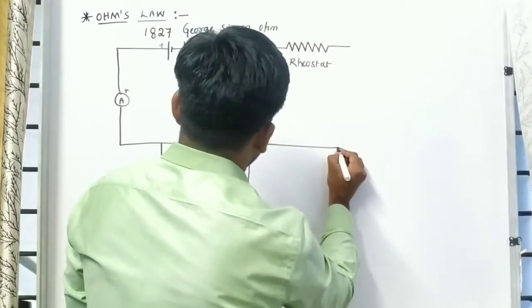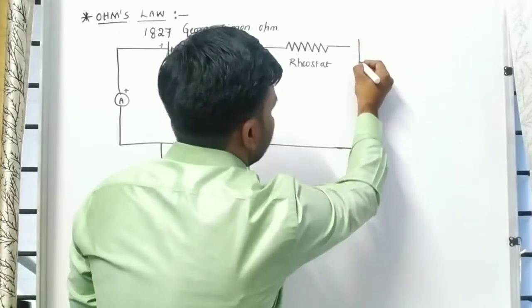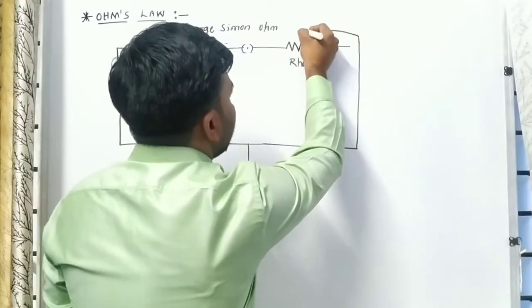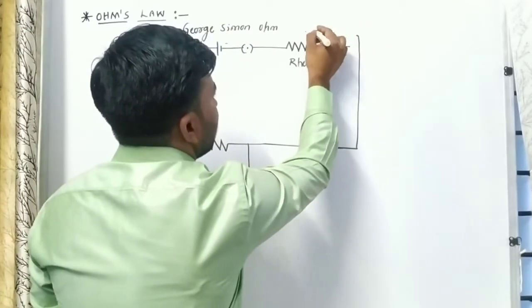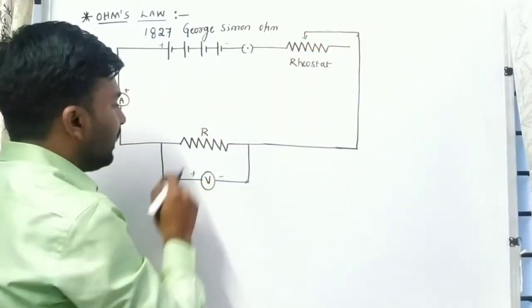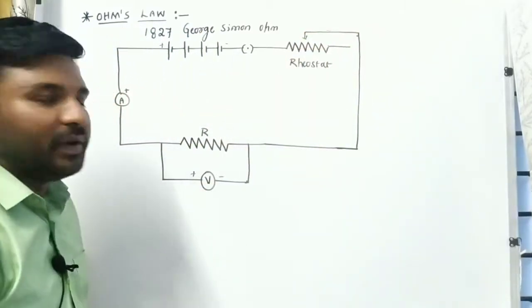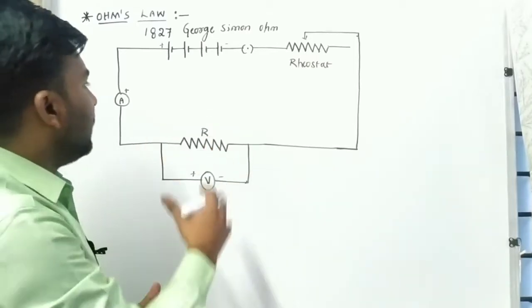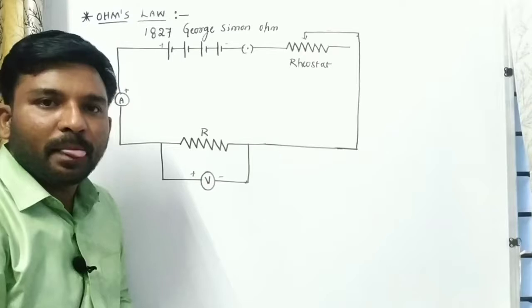And from the rheostat, it is connected to the conductor and the voltmeter. So he has made an experimental setup like this.